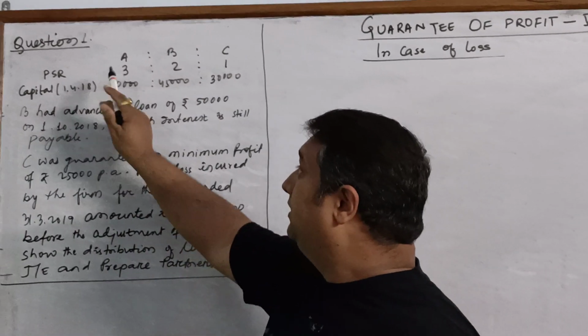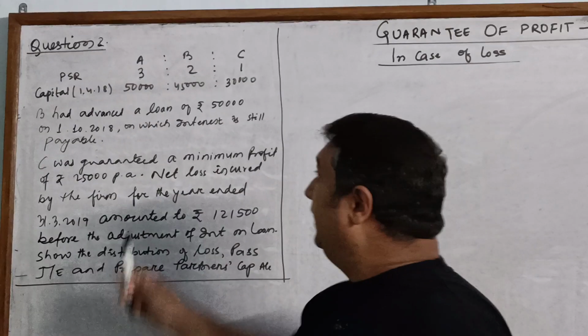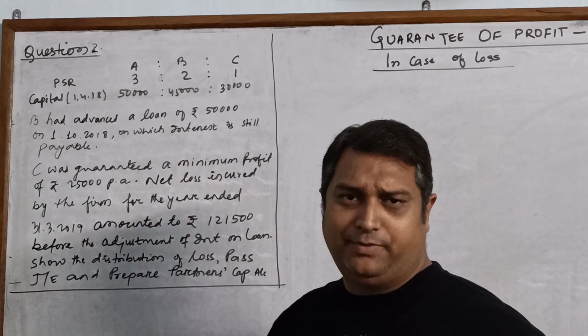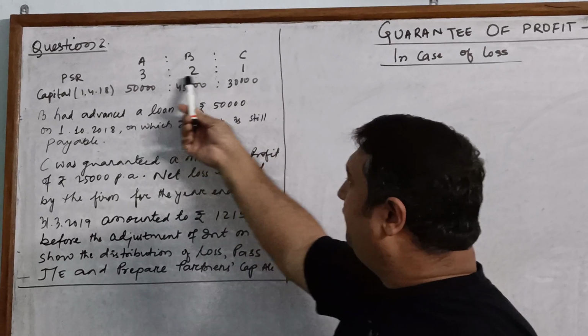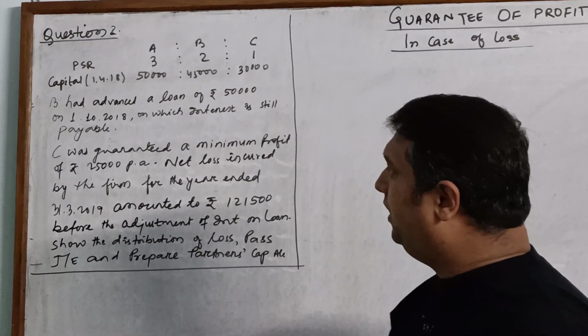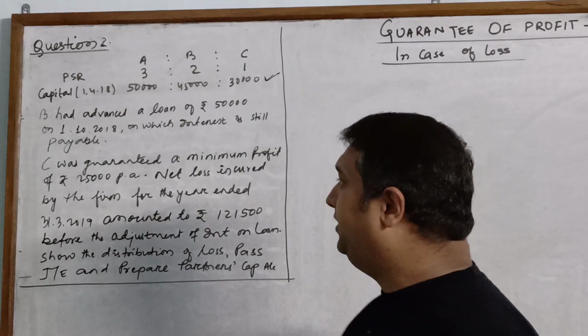This is the second question which I have taken to clear the concept. The same question has been repeated with some modification. There are three partners, A, B and C, sharing profits and losses in the ratio 3:2:1. Capital remains the same: 50,000, 45,000 and 30,000.